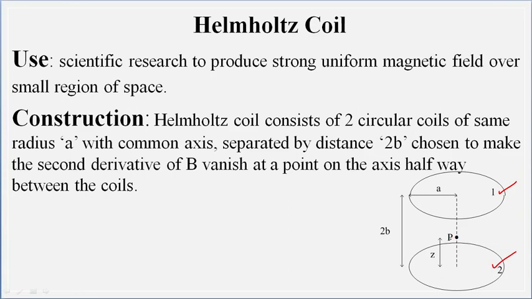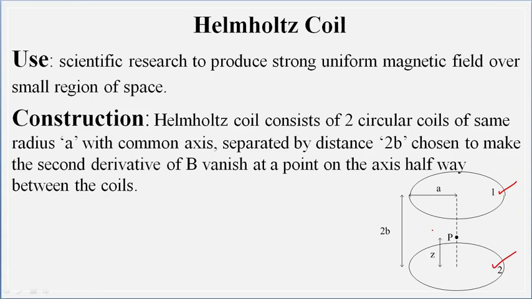Then see, these two coils should be such that the field at the point P, this point P, is at a distance Z from the second coil. So 2b minus Z from the first coil.